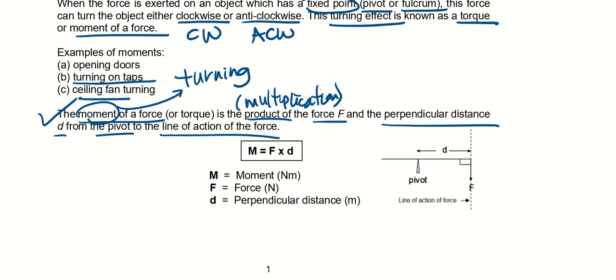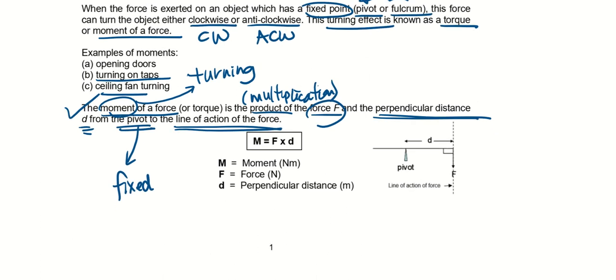So what do we multiply? We apply a force, and we multiply this force to something. What do we multiply it to? We multiply it to the perpendicular distance called D from the pivot, which is a fixed point, to the line of action of the force.